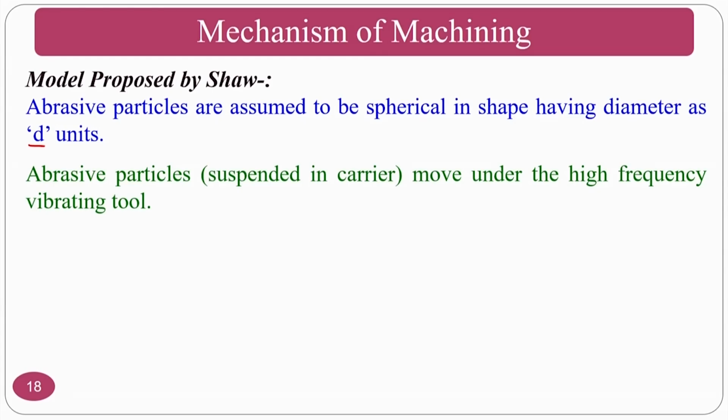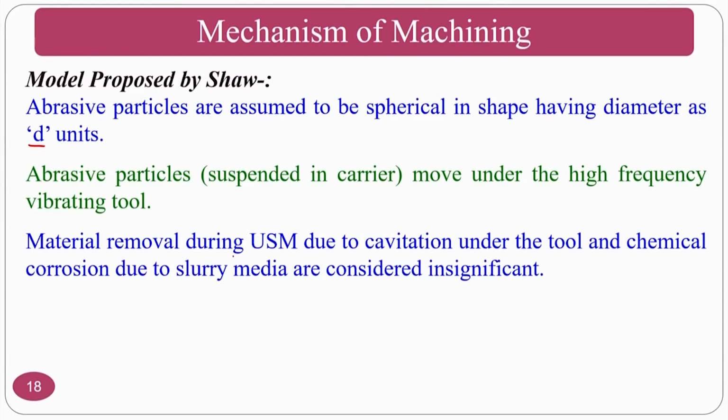Practically it is not so, but for the simplification of the model, we assume that all the particles are reaching beneath the tool, where the kinetic energy is transferred from the tool to the abrasive particle.